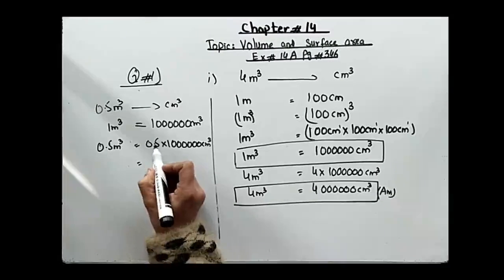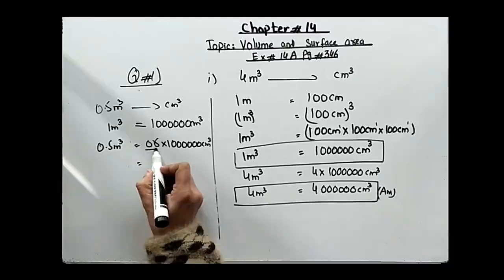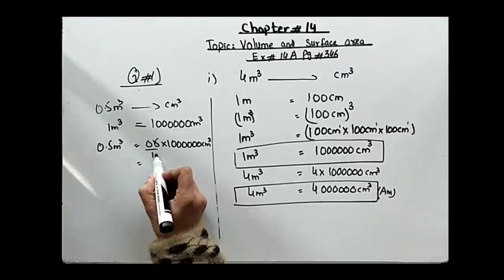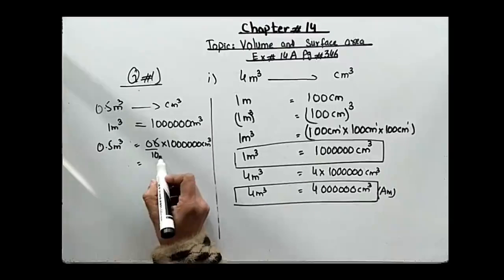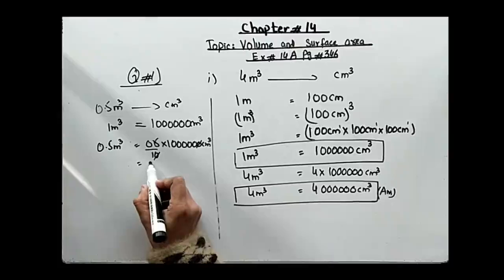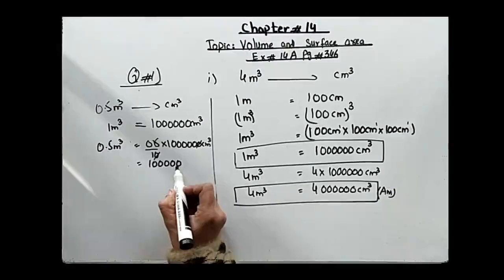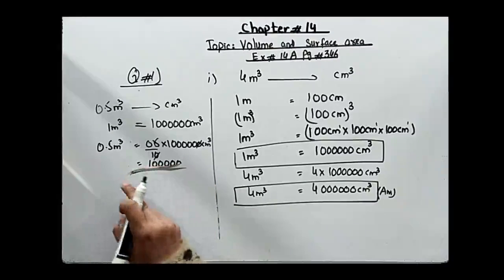Then 0.5 is a decimal number, so you can remove this decimal point. Write down here 1, and then after the decimal point there is 1 digit, so we will write 1 zero. So this zero will cancel with a zero in 10 lakh.